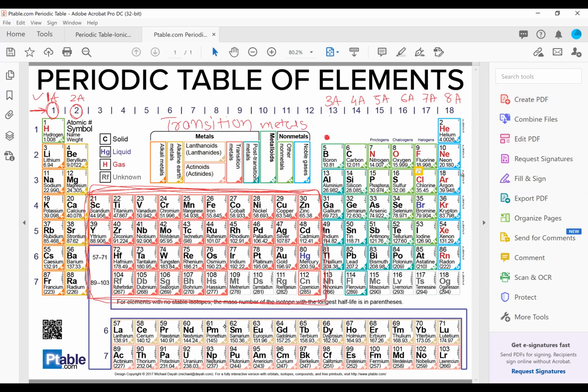All right, the central section of the periodic table, starting from this point to this point, this block is referred to as transition metals. Why do we call it that? We are going to learn that in the next session. Okay, so that is called transition metals.